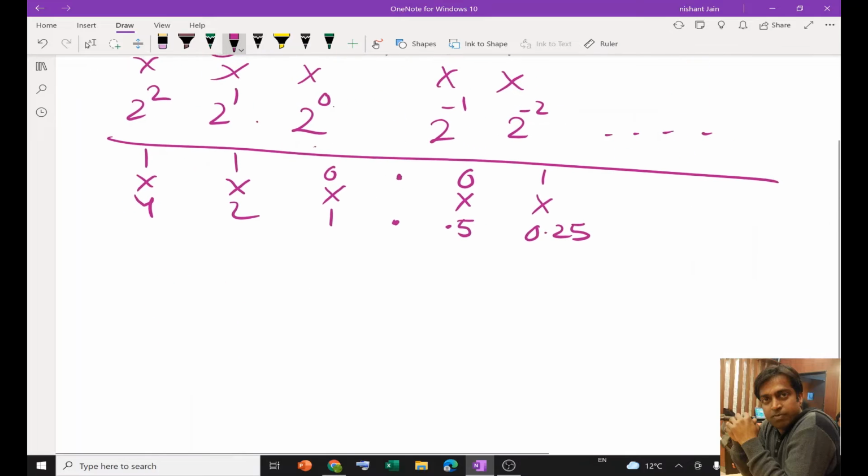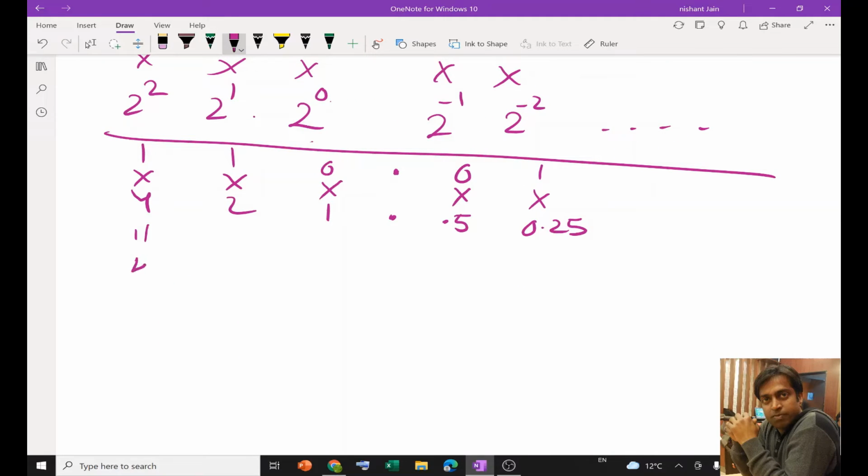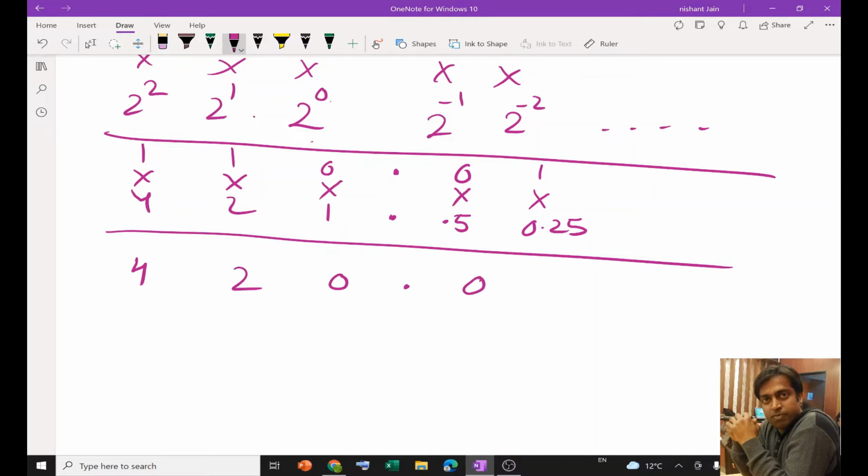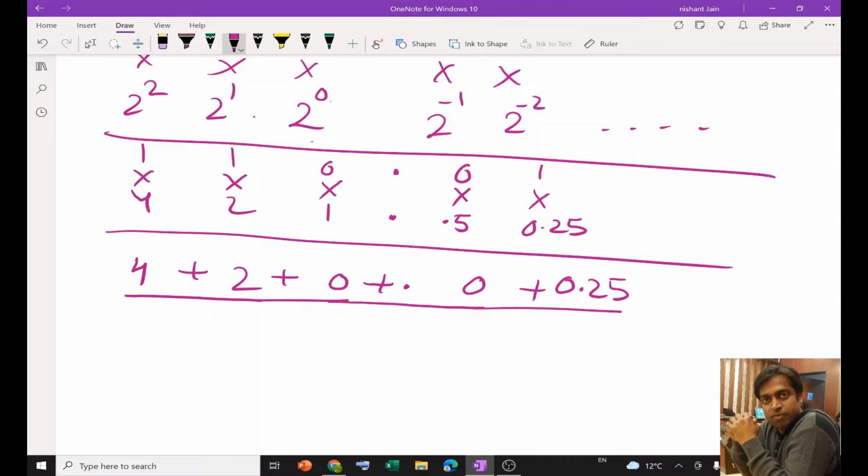Multiplying, we get 4, 2, 0, 0, and 0.25. Now we simply need to add all these numbers. 4 plus 2 is 6, 6 plus 0 is 6, 6 plus 0 is 6, 6 plus 0.25 equals 6.25.